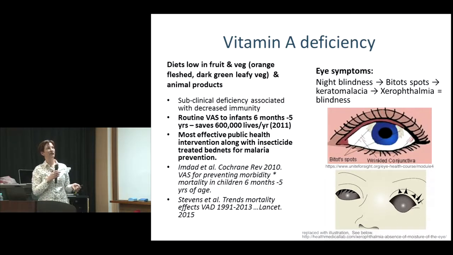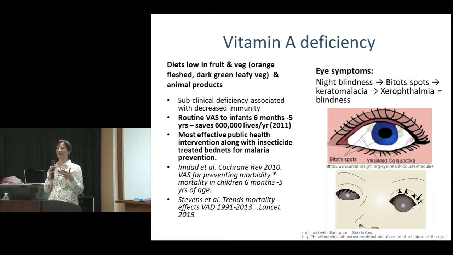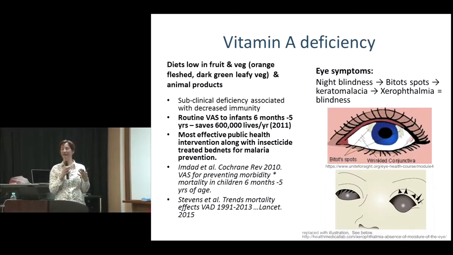Just briefly, what foods are rich in vitamin A? So the really rich sources are animal products and liver, because the vitamin A is stored in liver. So cod liver oil, the fish liver oil, is really rich, but liver from any animal is going to have a rich source.